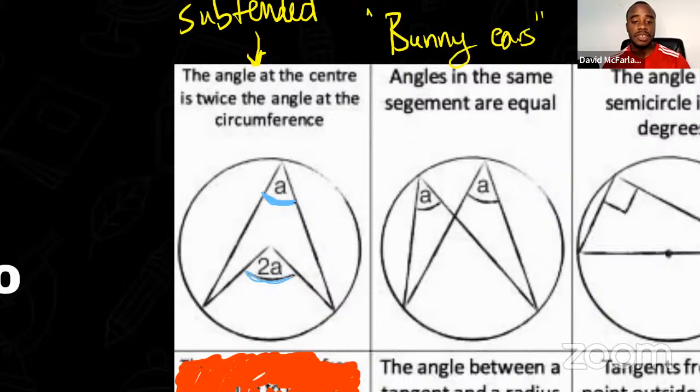For example, if this angle was 50 degrees, then the angle at the center would be 100 degrees. Let's say it's 27 degrees, then the angle down here is going to be 2 times 27, which would be 54 degrees. So the angle at the center is twice the angle at the circumference.